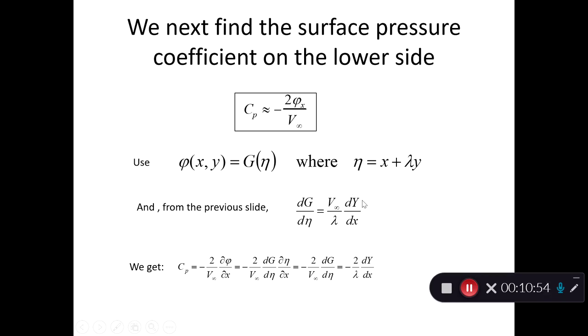From the previous slide, we had this expression. So plug it in here for d phi dx. V infinity will cancel out because there's some V infinity up here. Then you just get this expression. So basically, on the lower surface, the pressure coefficient is a function of the local body slope multiplied by negative 2 over lambda.